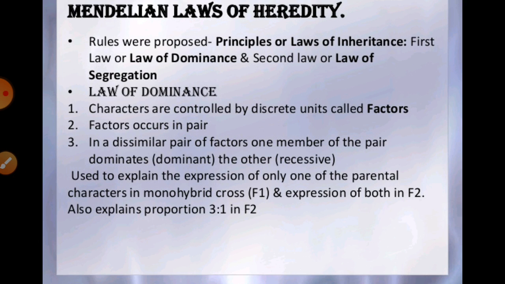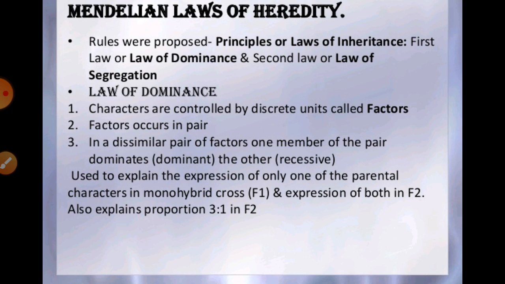Especially if we talk about the law of dominance, generally the characters are controlled by discrete units that are called factors, means the genes, and these factors are always in pairs. So in these conditions this law is formed.